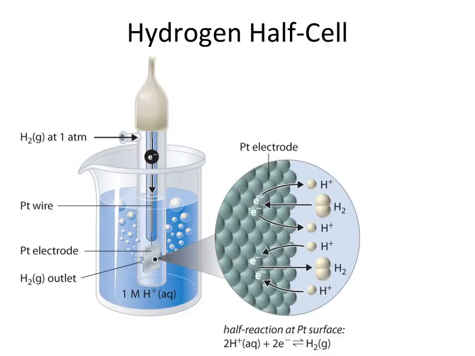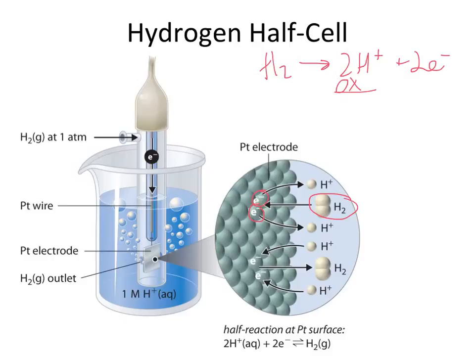In the top here, we have hydrogen gas going onto this platinum electrode, and it is losing these electrons. So it's going from H2 into 2 hydrogen protons plus 2 electrons. So in this case, we have an oxidation reaction.